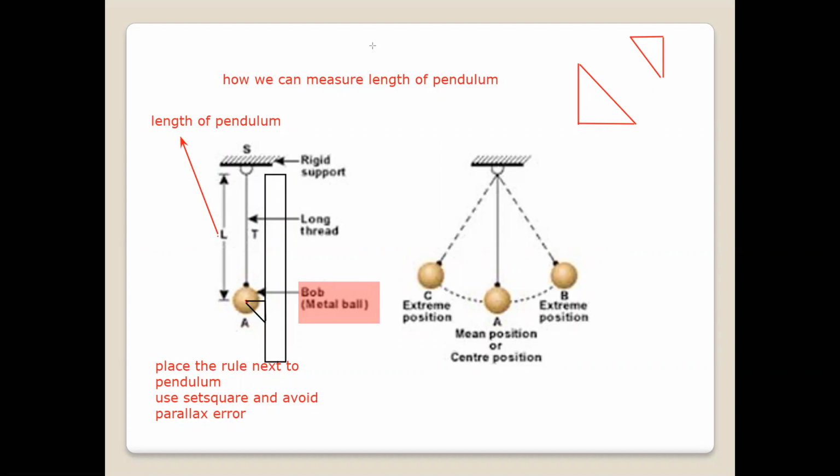So you can identify the actual position of the center of the bob. Accurately you can locate it. That's why for a reference you use a set square. Is it clear how to measure the length of a pendulum? Place a ruler next to the pendulum, use a set square and avoid parallax error. Any doubt in this?